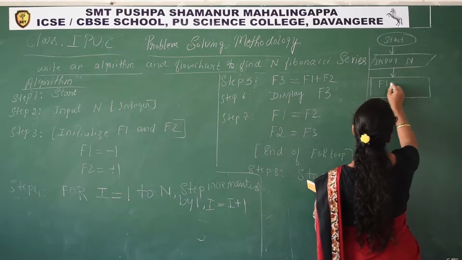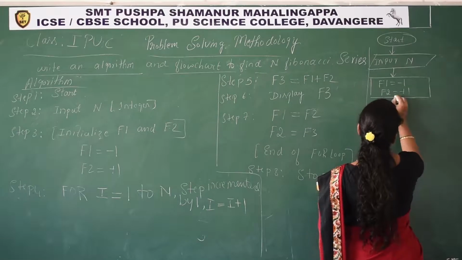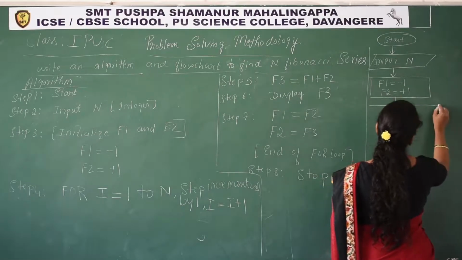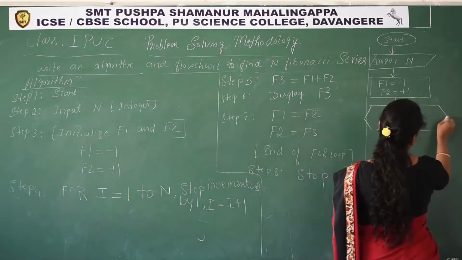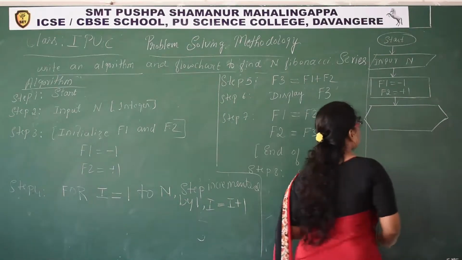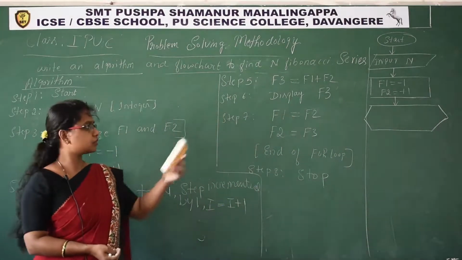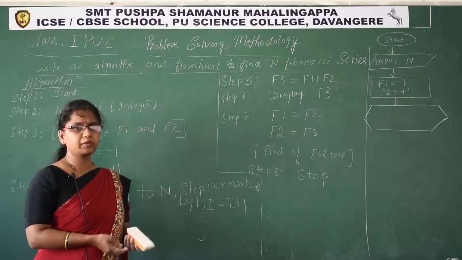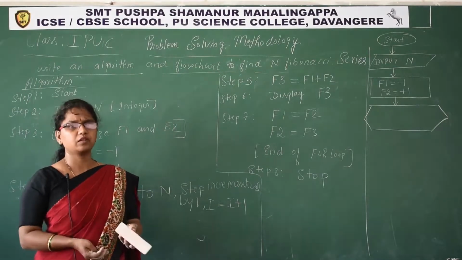F1 is equal to -1, F2 is equal to +1. Now looping statement. For loop I'll take. If you know the number of iterations before, then it is better to take for loop. It means here n value is 5, so loop has to execute 5 times.